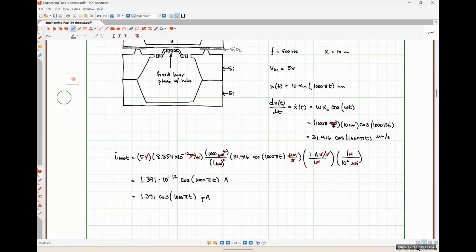So that would be the current generated by this particular transducer if it underwent vibrations having a frequency of 500 hertz and an amplitude of 10 nanometers. Okay. So in order to generate more current out of this system, what would we need?